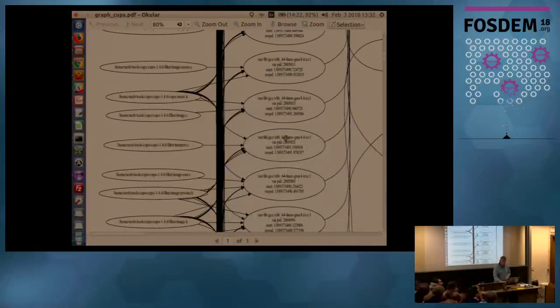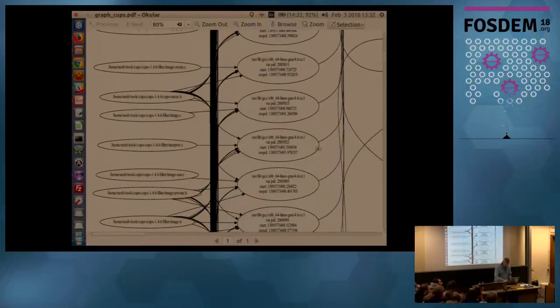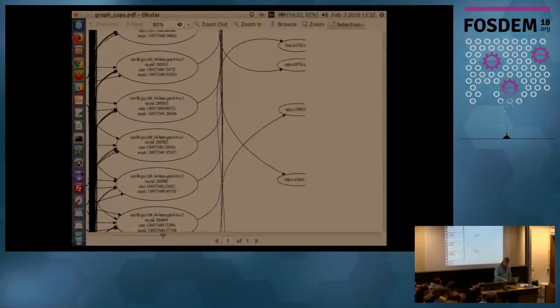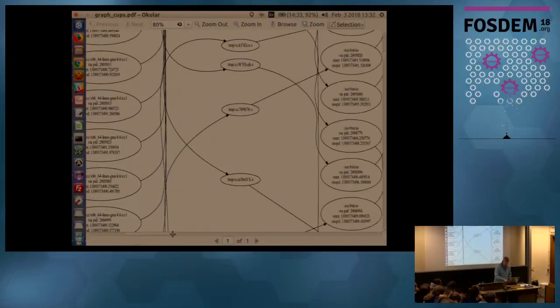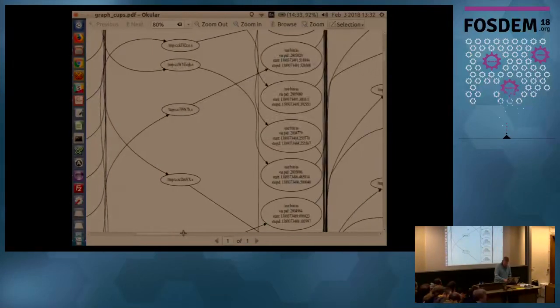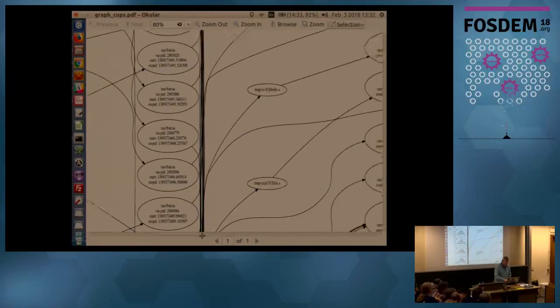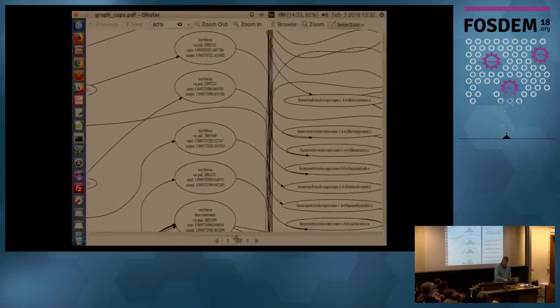So in the case of CUPS, which is a printing tool for Linux, we have a bunch of .cc files. We have, again, assembly files that are created, the assembler that's invoked over and over again.